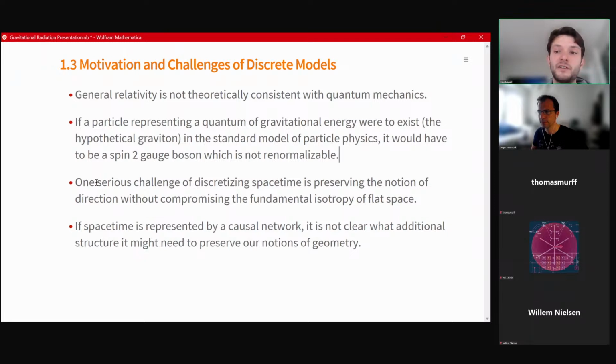There would be some fundamental unit of space or unit of time, which is necessarily much smaller than anything we've been able to measure, because we haven't seen the effects that we would expect for a discrete space-time geometry.